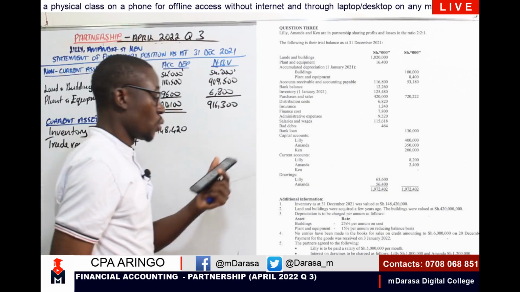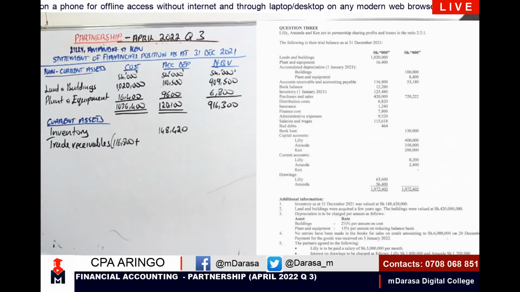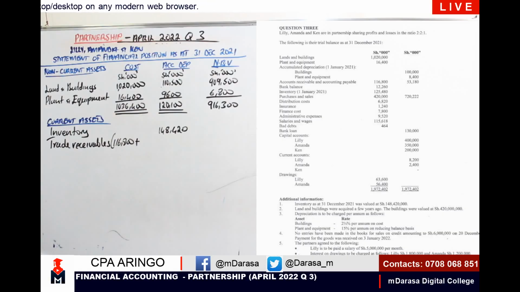But recall there was note number 4 where there were entries of credit sales which had not yet been recorded. So therefore we need to record it. So plus 6,000. We need to add the 6,000. Just a moment here. Plus 6,000. We see what we will have.